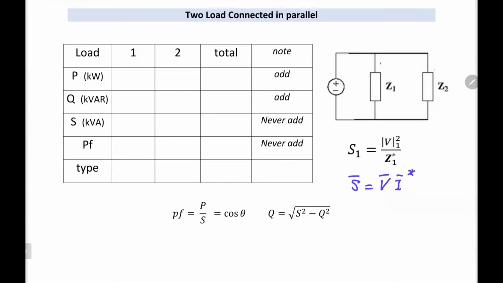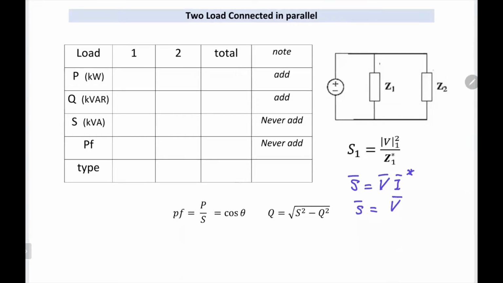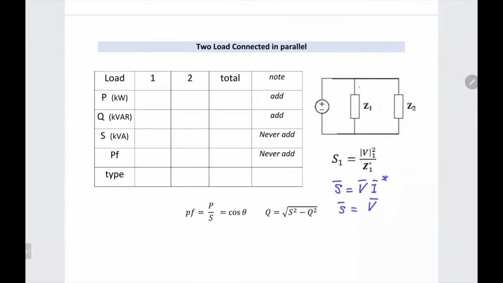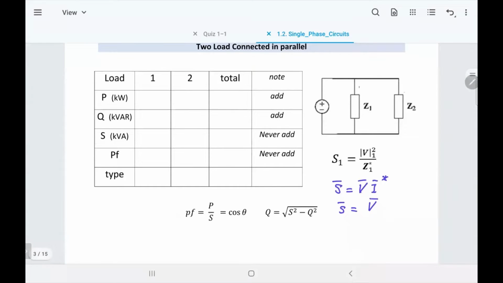If you have Z, the complex power is equal to V squared, but it has to be the magnitude of the voltage. Don't look at the angle. Then divide by the conjugate of the impedance. That's the way you calculate the complex power: V squared over Z conjugate.